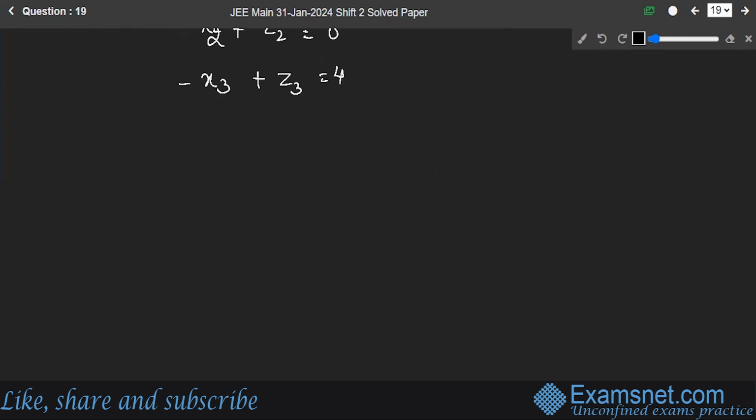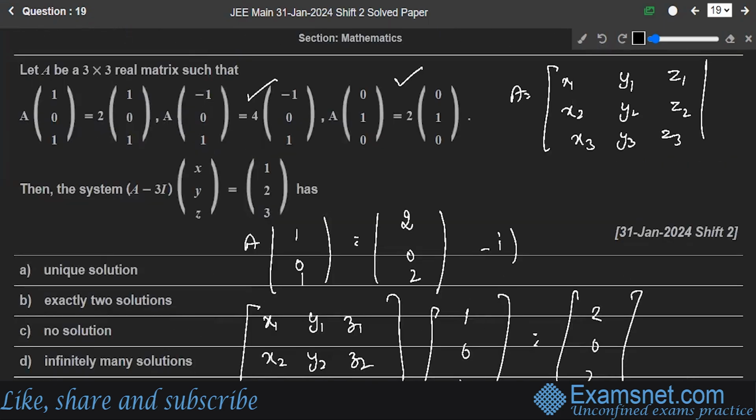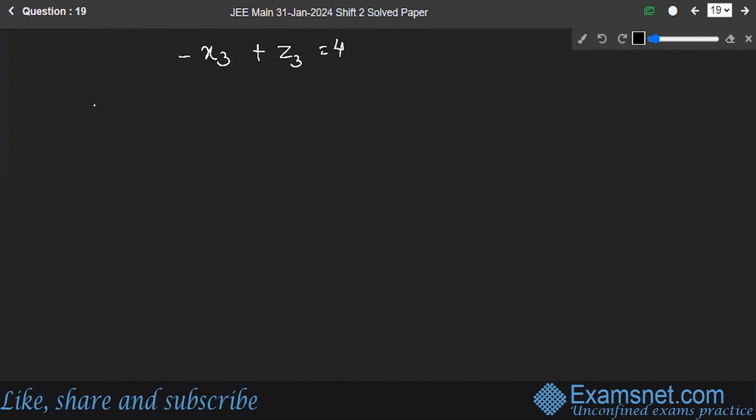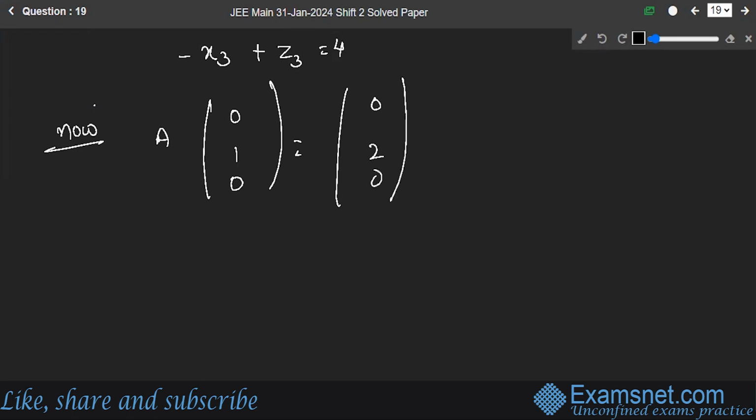And now let's name the equations. The third one is A into (0, 1, 0), which is equal to (0, 2, 0).